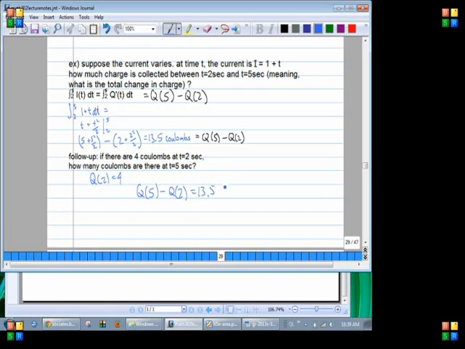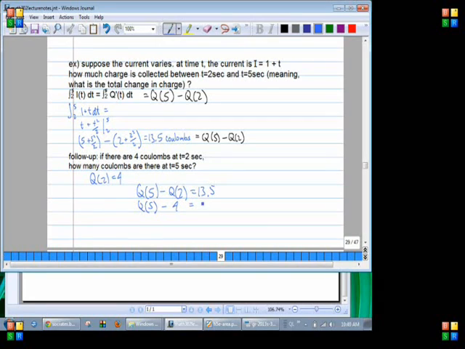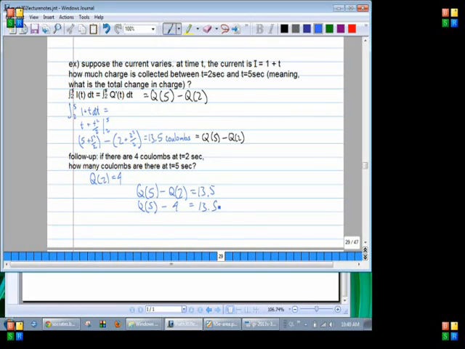So it's 8.5. Oh, it's plus 13.5. So 17.5 what? That's right, 17.5 coulombs.